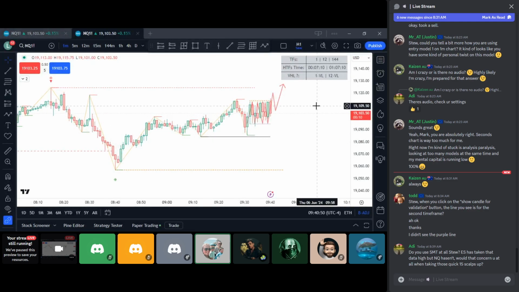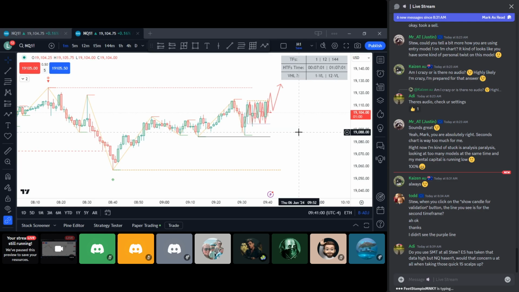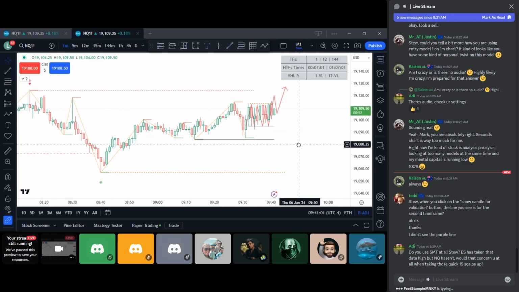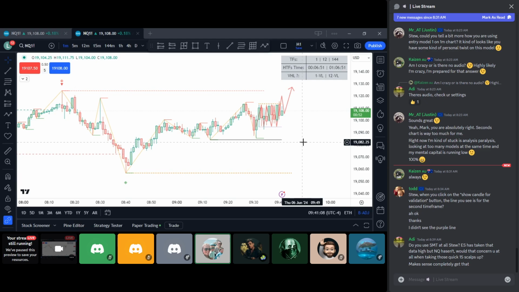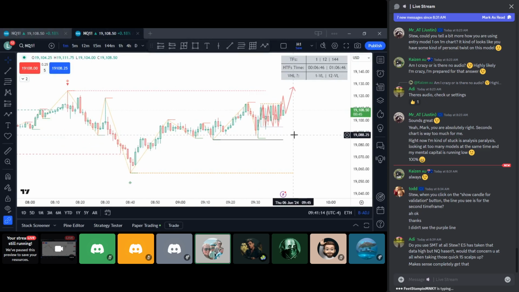You know what? I used to be heavy into ICT, Adi, and honestly, I understand the concept of SMT, but I just find it's too inconsistent. And what are we all looking for as traders? We're looking for consistency. Am I saying SMT is invalid? Not at all. It definitely has its advantages, and when it hits, it's deadly accurate.